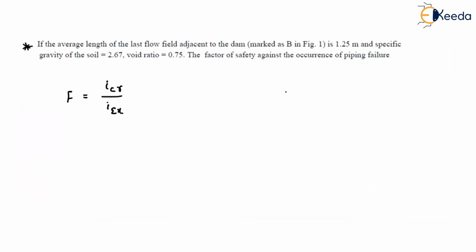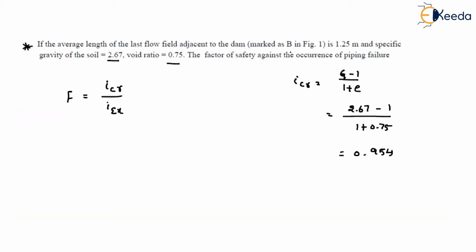What is the critical hydraulic gradient? We know the formula. They have given you the G value and the void ratio. It is (G minus 1) by (1 plus e). What is the G value? 2.67 minus 1 divided by 1 plus 0.75. If you solve this, we get around 0.954.